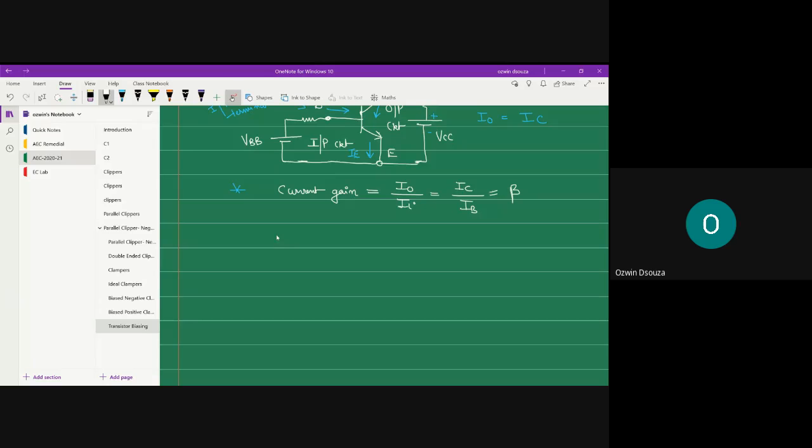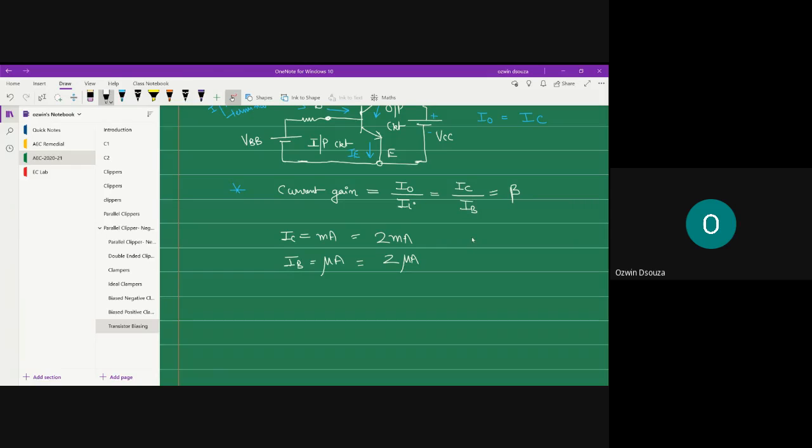Now your IC will normally be in the range of milliamperes, and your IB will be in the range of microamperes. Say for example, this is 2 milliampere, and this is 2 microamperes.